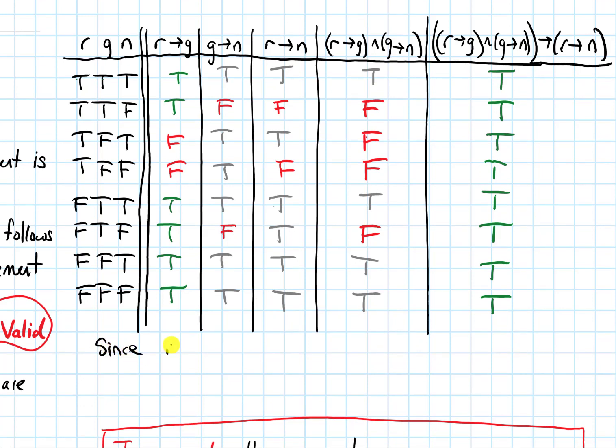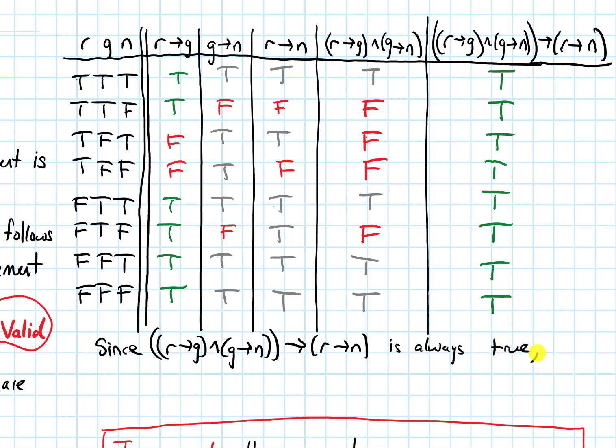Since R implies G and G implies N, that implies R implies N, and since this proposition is always true, this means that the argument is valid.